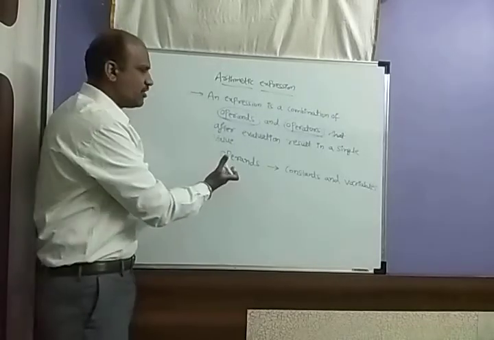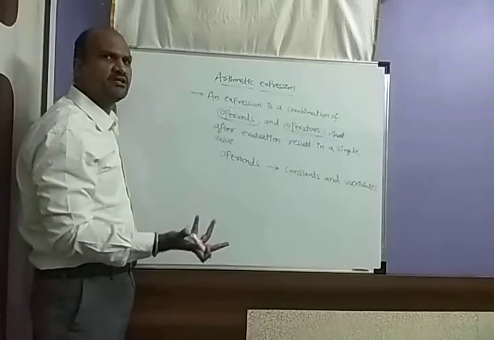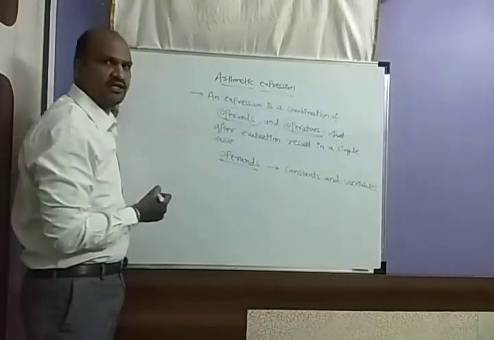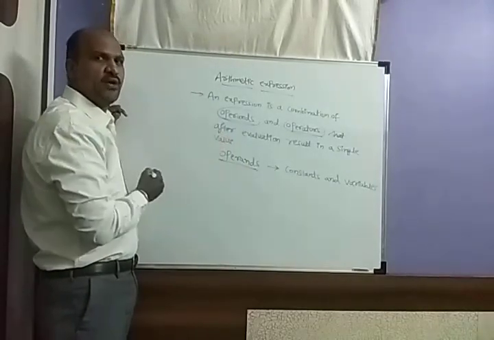A variable means x, y, a, b, c, d. Operands are any constants or variables.